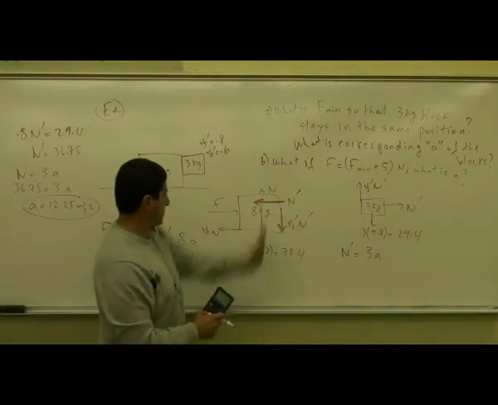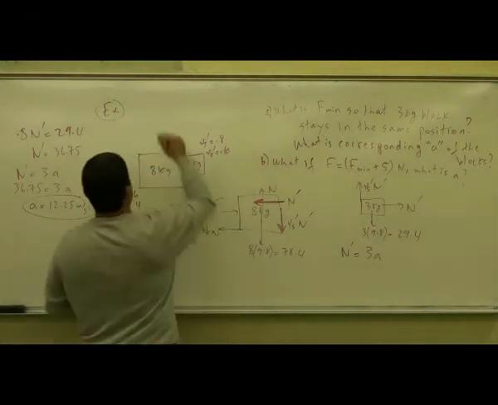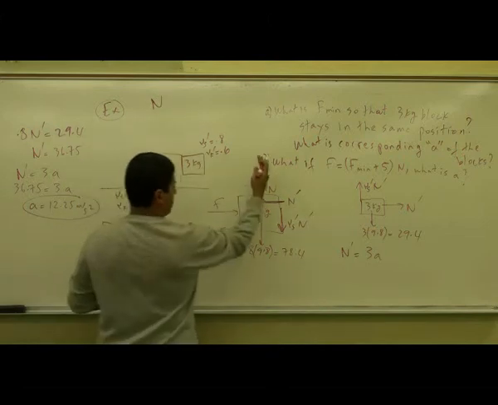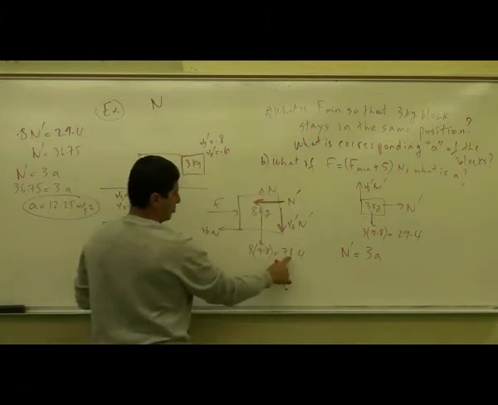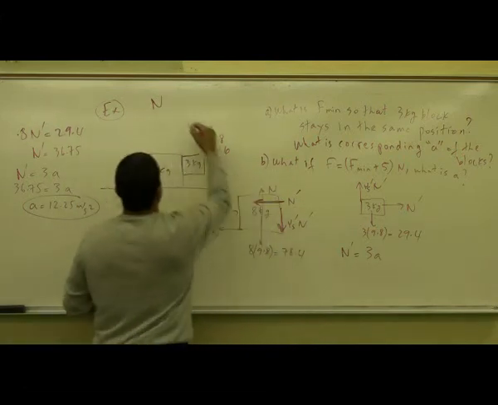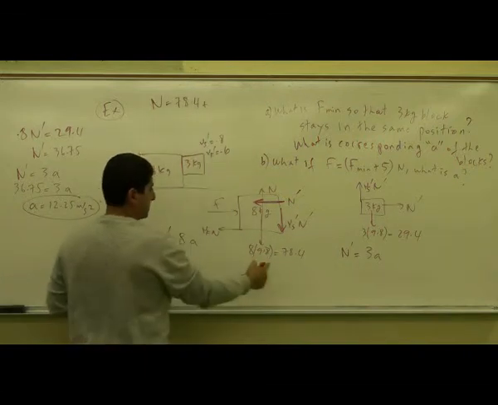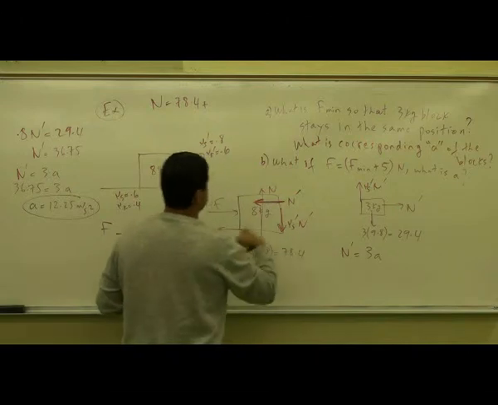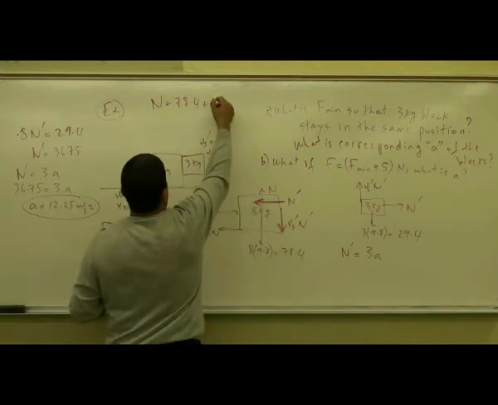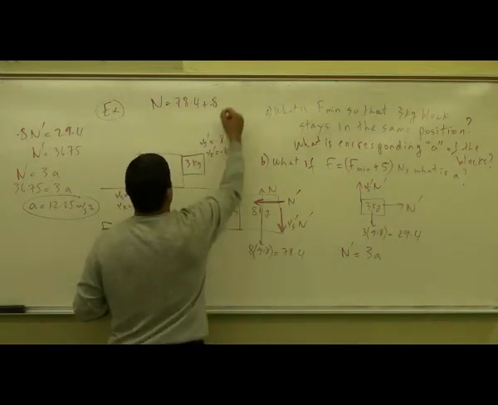Okay, so now we have to find the normal force. So we have to do the vertical forces. N, the vertical force up, must equal the sum of these two. 78.4 plus mu S prime N prime, which was 0.8 times N prime.